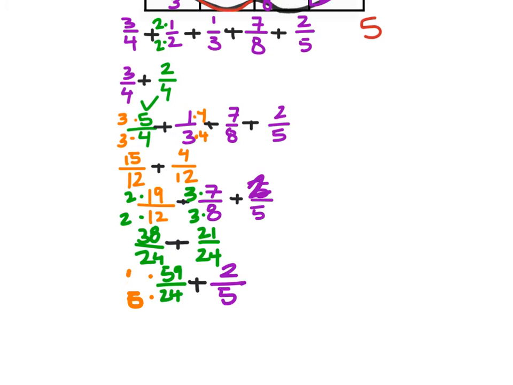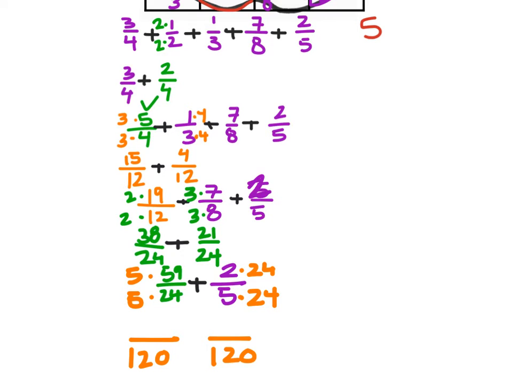So all I'm going to do is multiply it by 5. And here's why: if I multiply the green fraction by the purple denominator, then I can take the purple fraction and multiply it by the green denominator, which is 24, right? And this guarantees that we will have common denominators automatically, and that denominator will be 120. There we go.